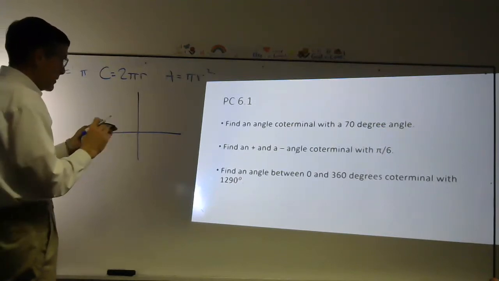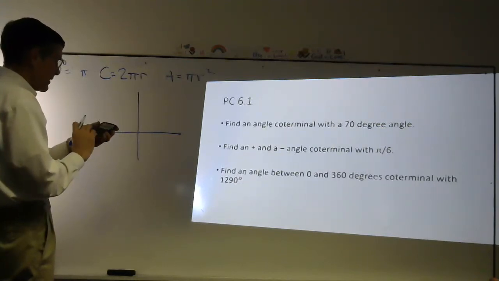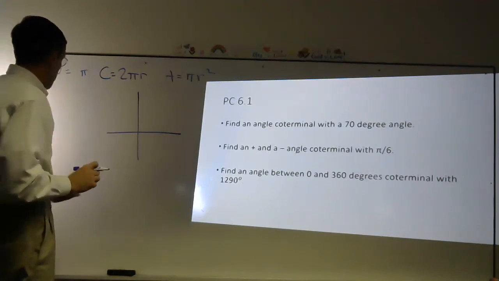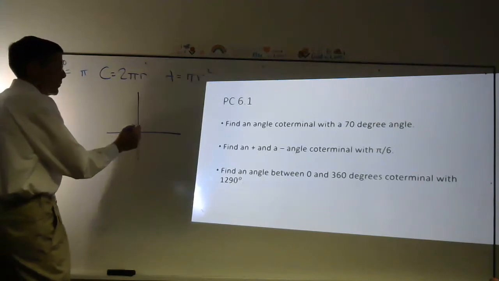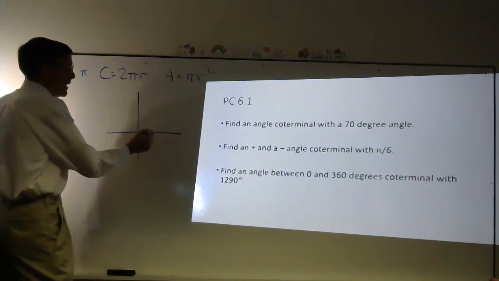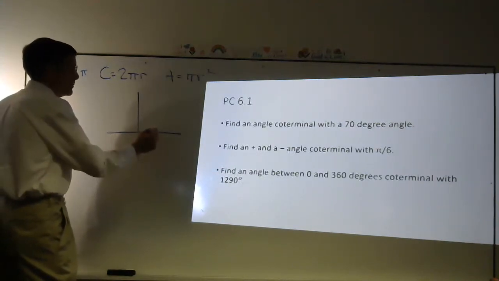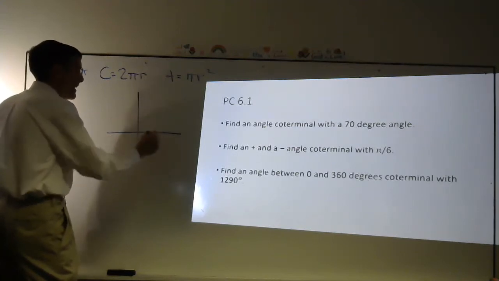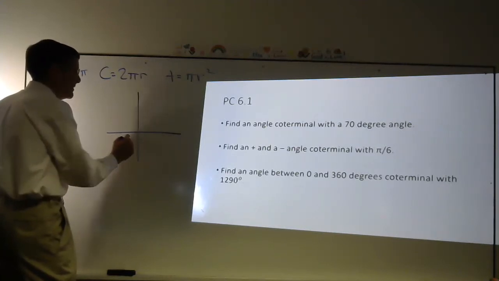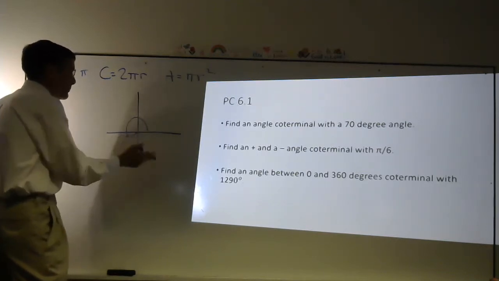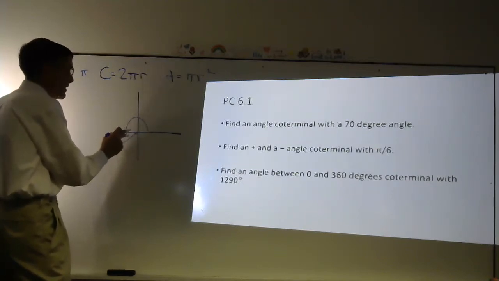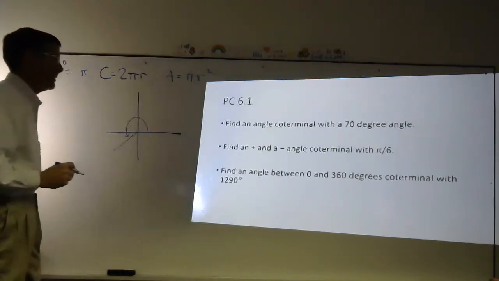Now, you don't want to go another complete revolution, so if you subtract that from 1290, we have 210. So in other words, 1290 is one revolution to 360, 720, 1080, and then 210. Down here, we have 3 revolutions plus 210 will give us 1290.